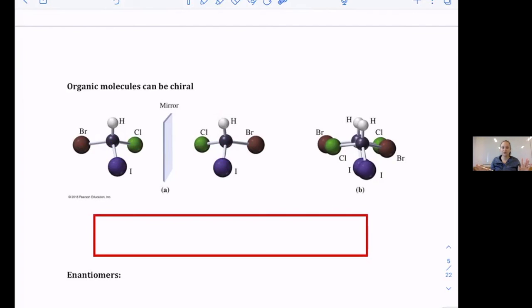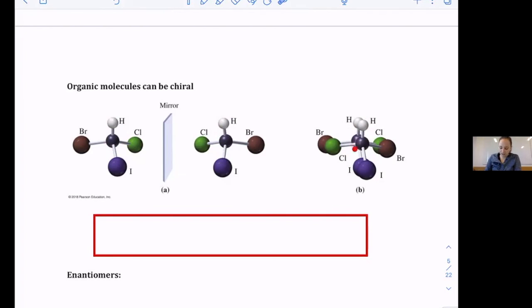Now, if we take those two images and try to put them on top of each other and align everything so that it's lined up, typically what I like to do is pick one bond, overlap those, and then see if the rest of the atoms overlap. You can see here that both the carbon-hydrogen bonds in each of these molecules are pointing up, so we'll start with those. We line up the carbon-hydrogen atoms and then see if everything else overlaps.